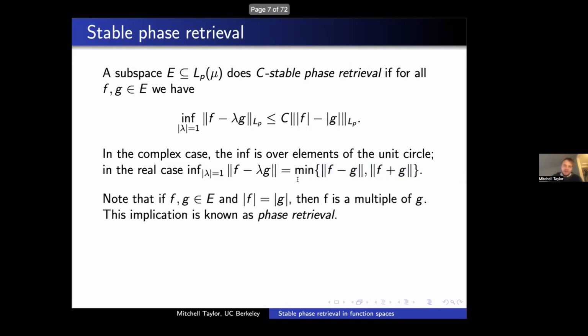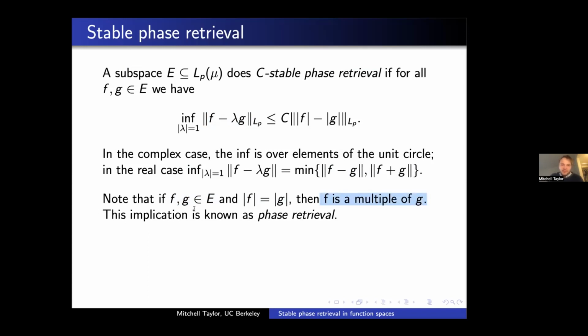All right, and to get a flavor of this inequality, let's look at the simplest case. So let's look at the case where I take f and g in my subspace and assume that they have the same absolute value. Okay. And if I make this assumption, then, well, this inequality tells me that since the right-hand side is 0, the left-hand side must be 0 as well. And from that, I deduce that f is necessarily a multiple of g.